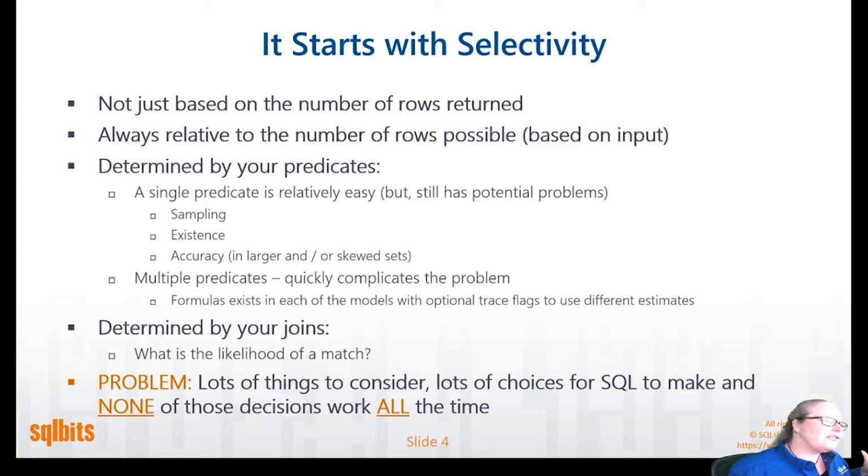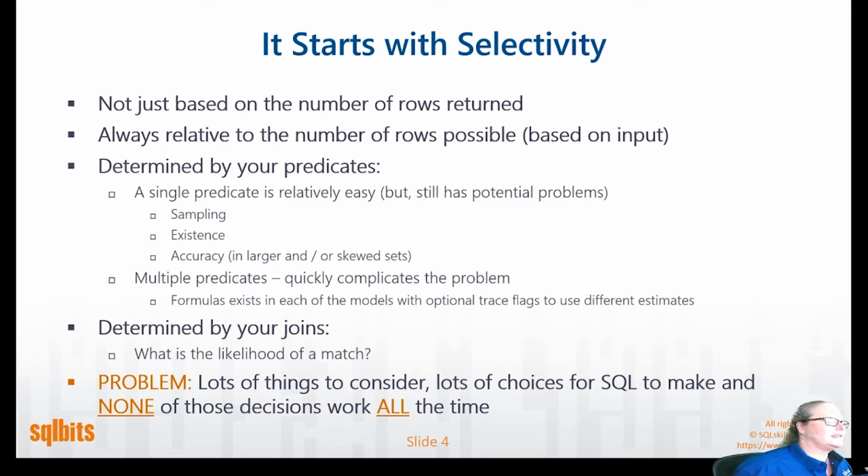If there's just one predicate, one where clause condition, then it's not so difficult for us to determine and to see. But as soon as you start adding multiple conditions and multiple joins, it becomes more and more complicated how SQL Server calculates whether or not it should use an index and what plan it should use.